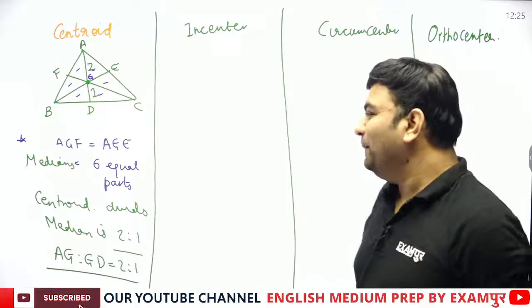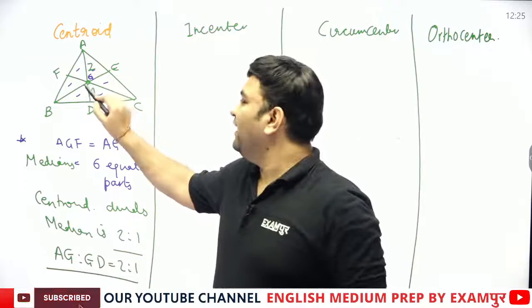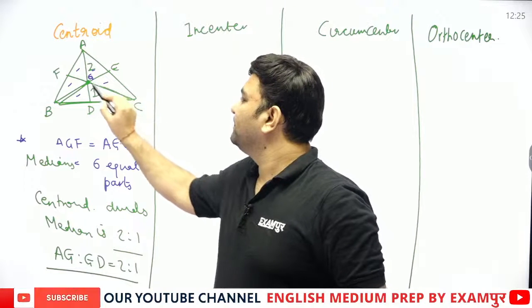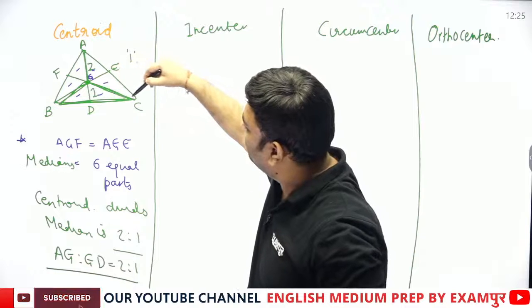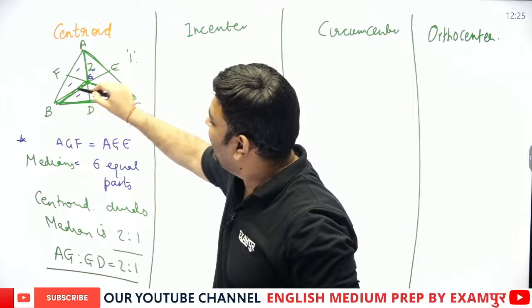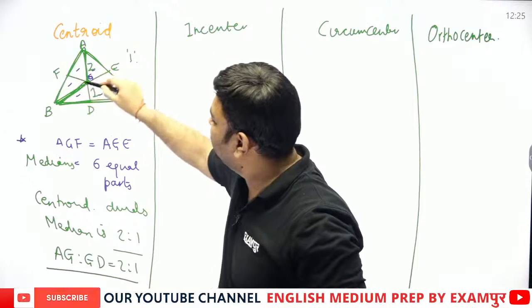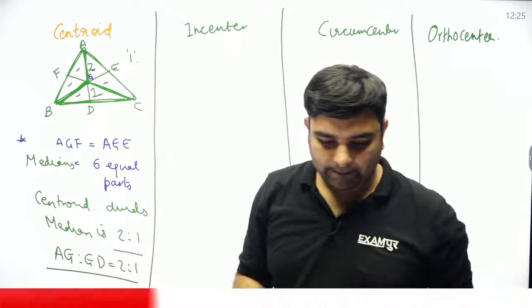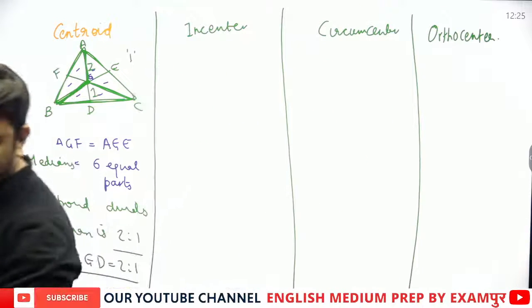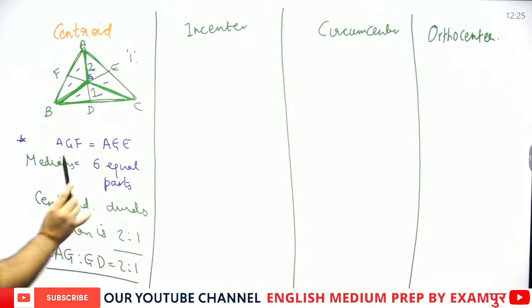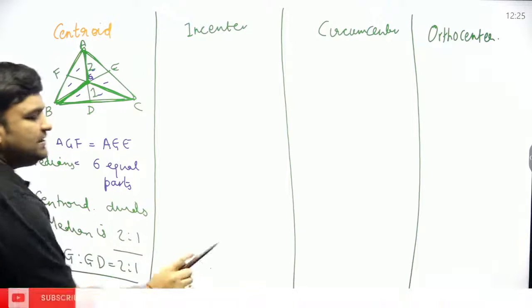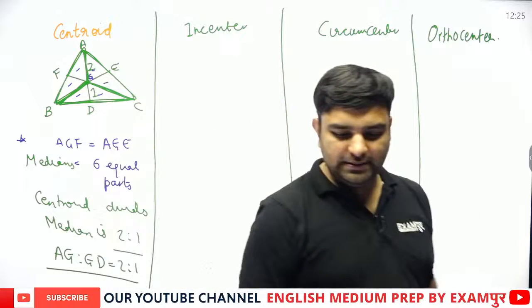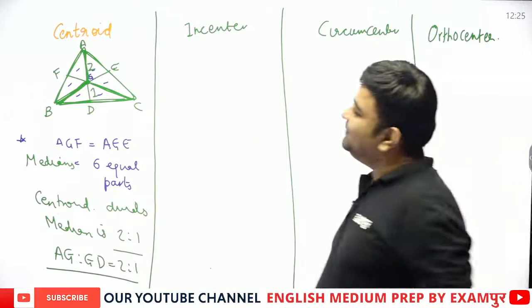Centroid would be dividing in one part, two part, and three part. It's a language game. Clear? If you want to be very specific, write medians.